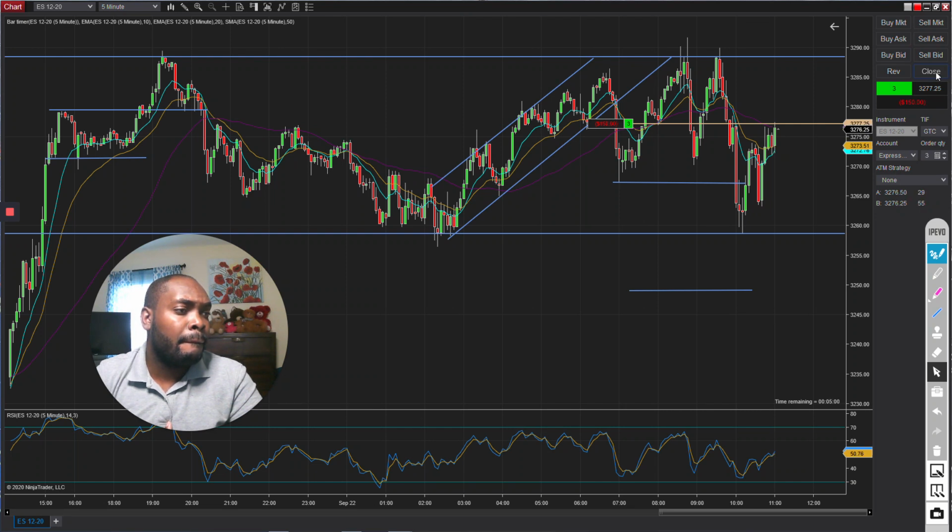So it looks like we're having some issue right around this level, but let's see what we get. Did we get a big push higher, or is this just going to be it? I don't like that candlestick. All right, so now we're pulling back down.